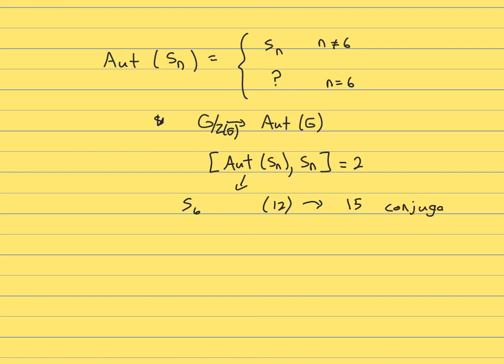And this had order 2. Now remember, any automorphism is going to preserve the conjugacy classes, and it's going to preserve the orders of elements. On the other hand, the conjugacy class of this permutation also has 15 conjugates, and this also has order 2.